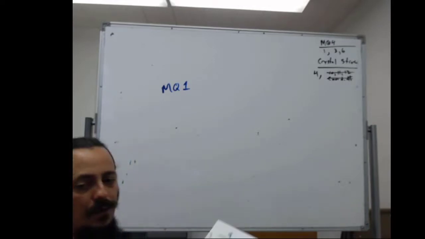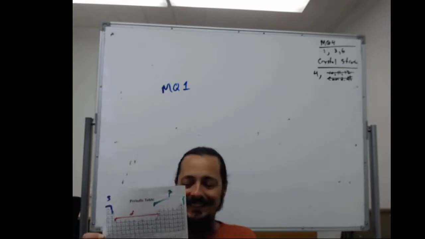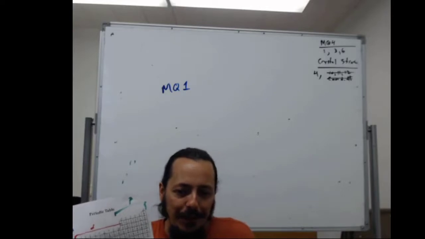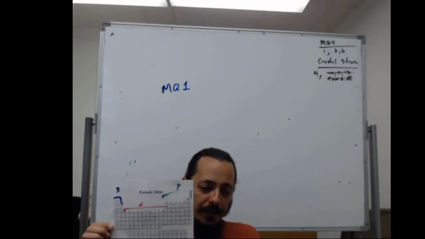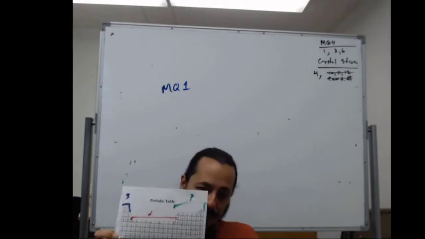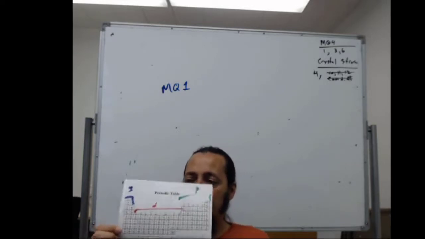If you've ever heard the term infographics, that's just graphics that convey a lot of information. The periodic table, in my opinion, is the most fantastic infographic. The amount of information hidden inside the periodic table is just incredible.